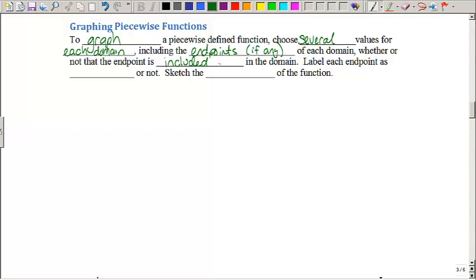Label each of these endpoints as included or not, meaning whether the point is closed if it's included or open if it's not included.